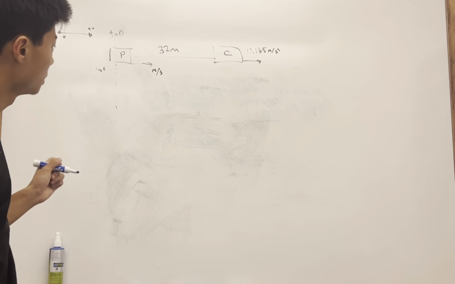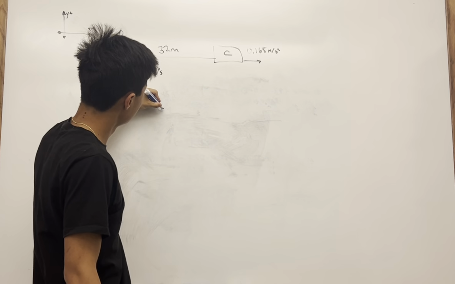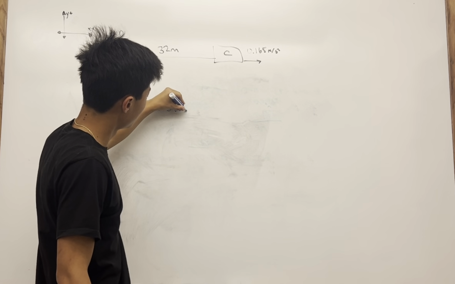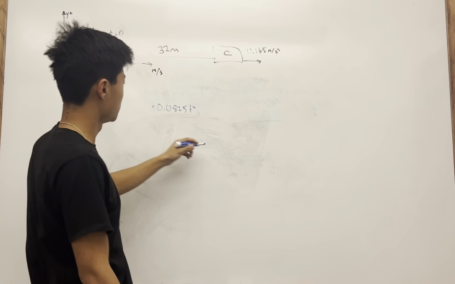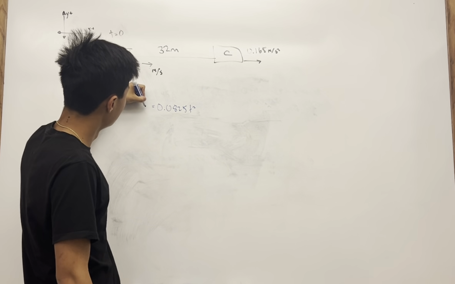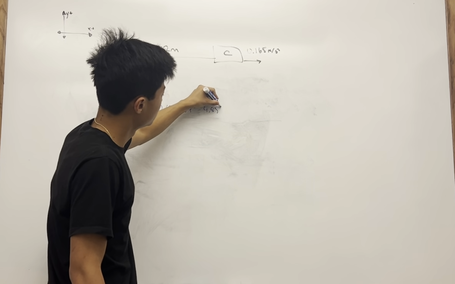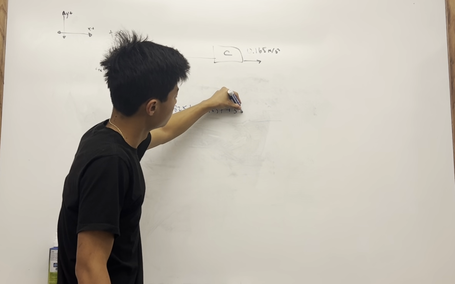Now, do you remember our quadratic equation? It was 0.0825 t squared, this is just what we had from the last problem, minus 4.85 t plus 32.